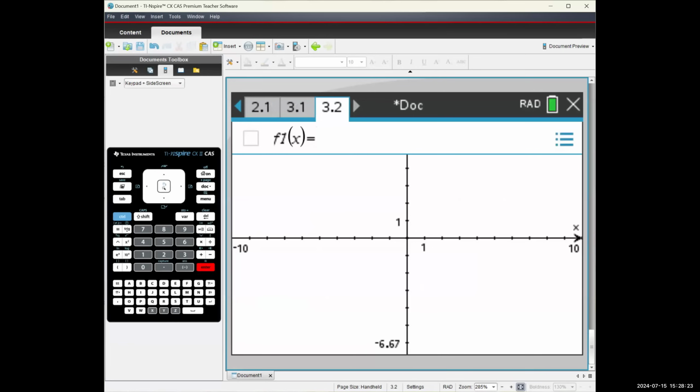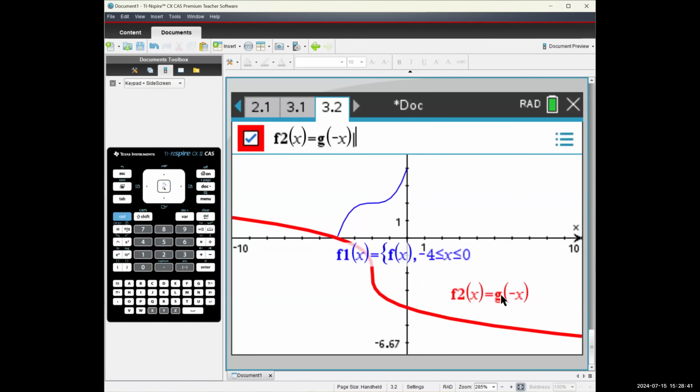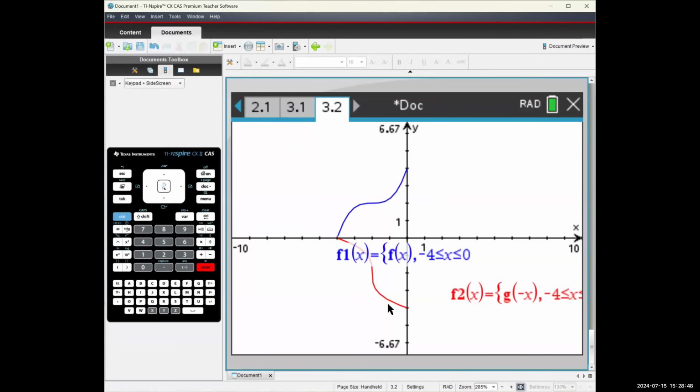And I could just insert a graph. Let's say f of x is between -4 less than or equal to x less than or equal to 0. And how about g of minus x? Yep, g of minus x, if I restrict that from -4 less than or equal to x less than or equal to 0, yep, exactly the thing I would like to find, okay?